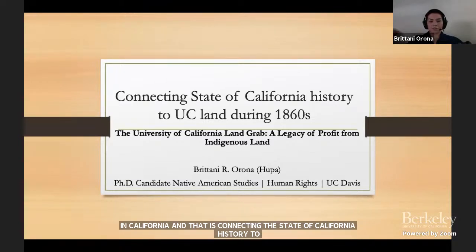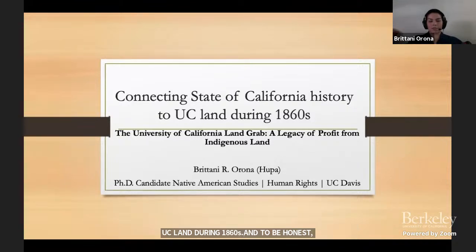To be honest, when I was thinking about how to do this, I wanted to contextualize California prior to the 1860s and a little bit after, because California Indian people had already experienced a large amount of death, genocidal acts, sexual violence, and forced slavery prior to the 1860s, through the Spanish and Mexican periods, and then into the American period starting in 1846.